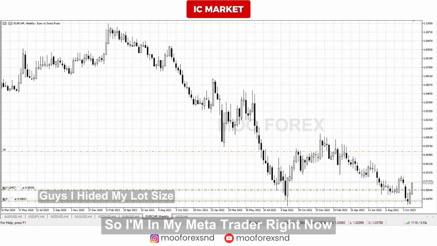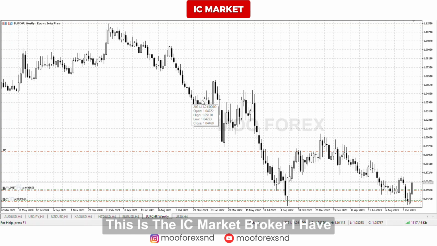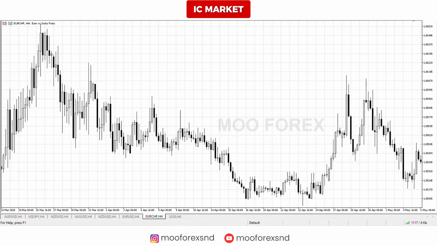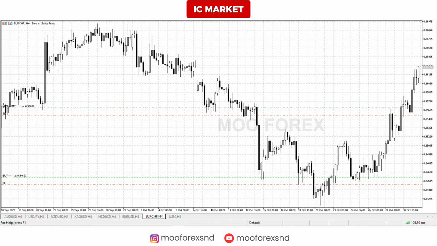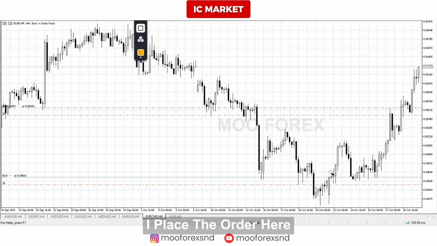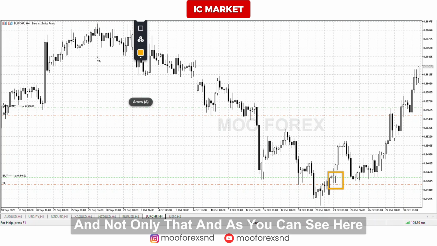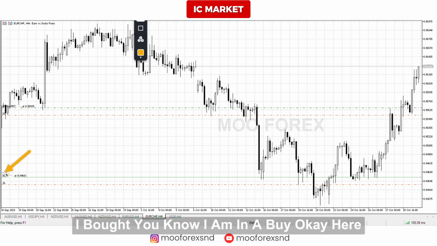So I'm in my MetaTrader right now. This is the IC Markets broker I have. As you can see here, I placed the order here. And as you can see, I bought, I'm in a buy.